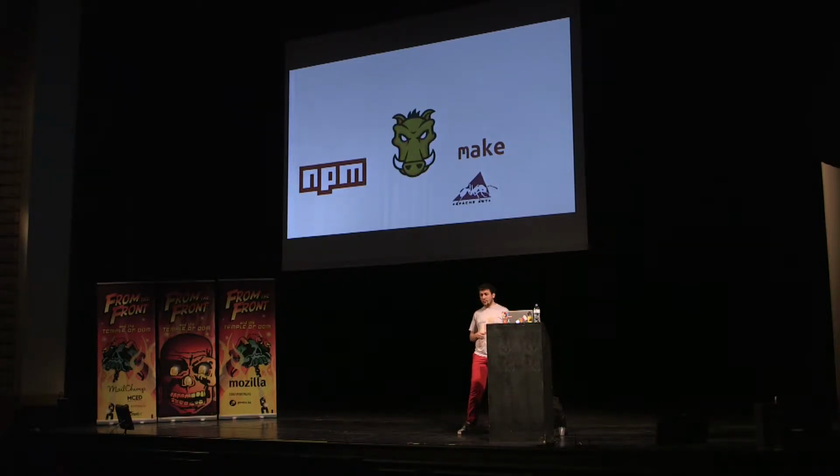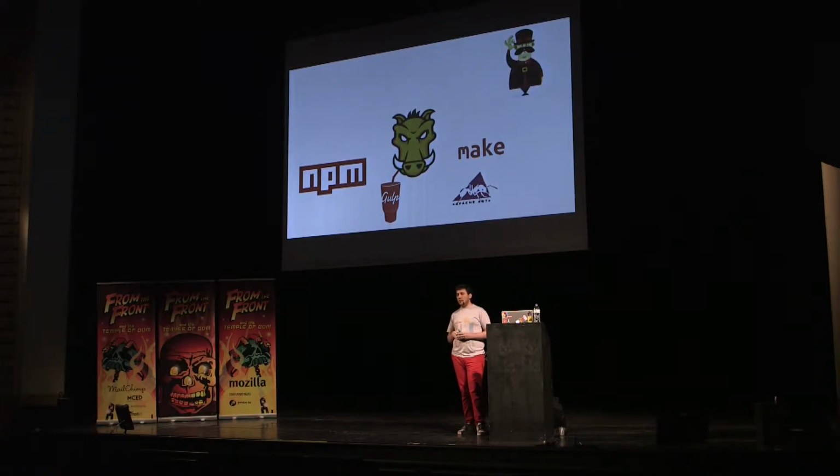And then you have Grunt, which I'm pretty sure most of you are quite familiar with. And there's also Gulp, right, that came out a while ago, and it's pretty good too. And then there's Yeoman, which allows you to quickly create new templates of an application and remove the parts that you don't want.